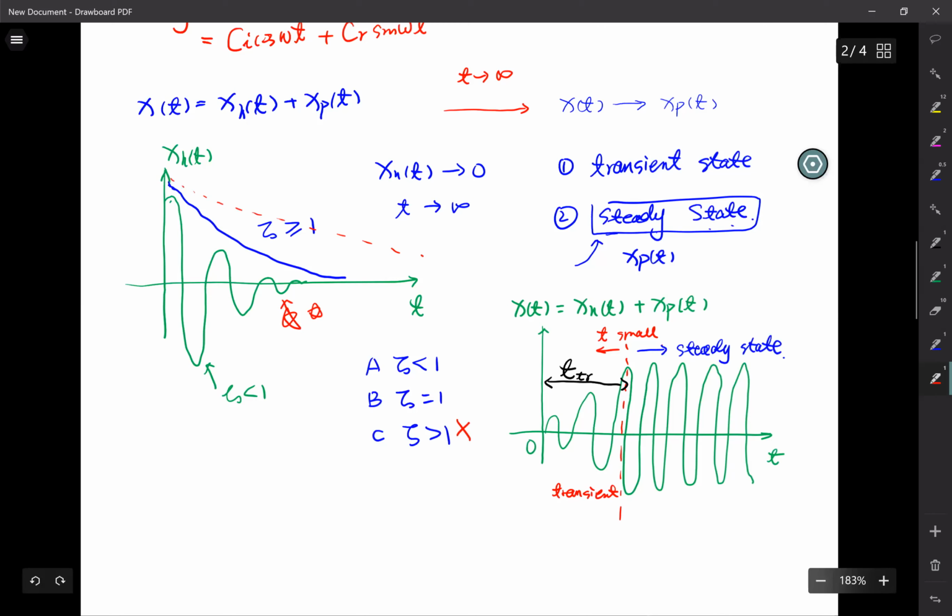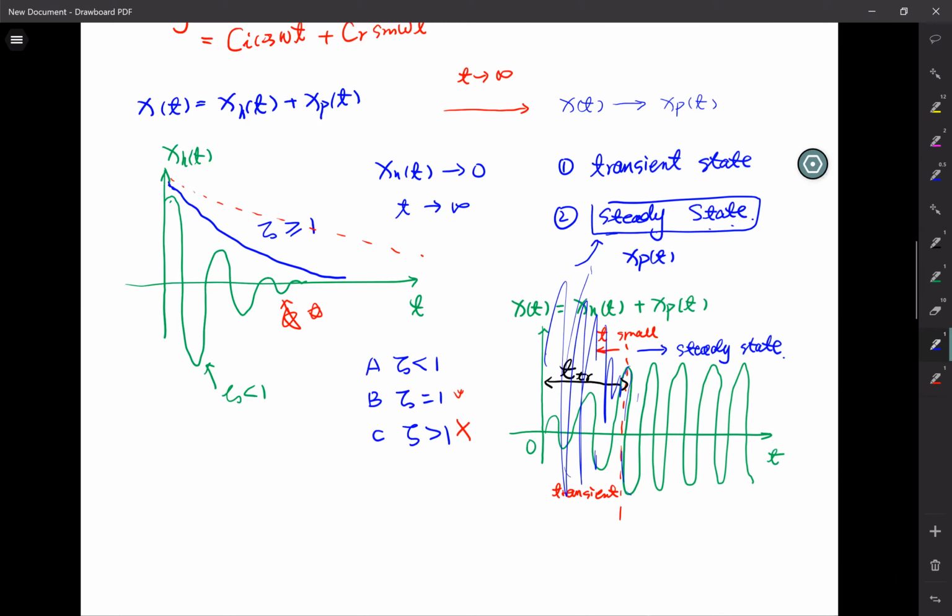So that curve takes a very long time to die out, and you don't want that. Zeta equal to 1 is okay, so you won't get any overshoot. That means your transient state would be something like this. But if your damping is so small, and your initial condition is not fully 0, then you're going to see something crazy like this in your transient state, and eventually it becomes stable.